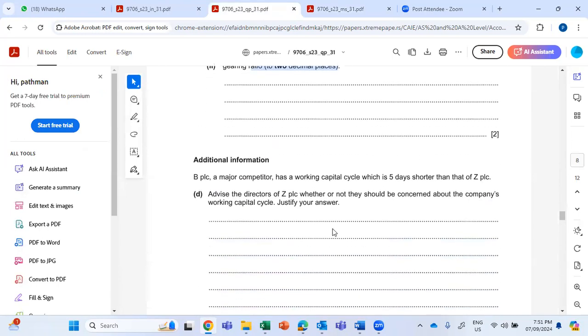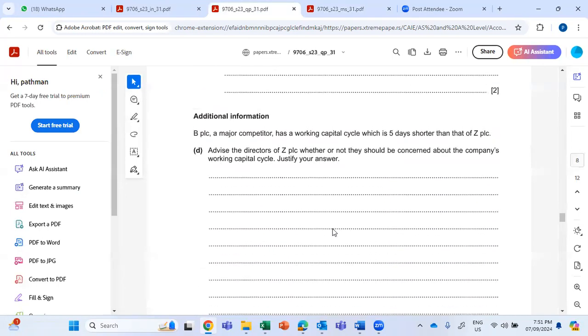Lastly, B PLC, Public Limited Company, a major competitor, has a working capital cycle which is 5 days shorter than that of Z PLC. Which means Z PLC's working capital cycle is 5 days longer. Advise the directors of Z PLC whether or not they should be concerned about the company's working capital cycle.